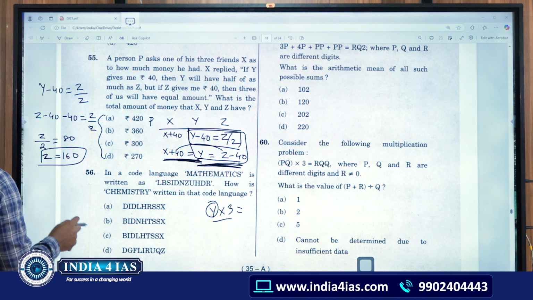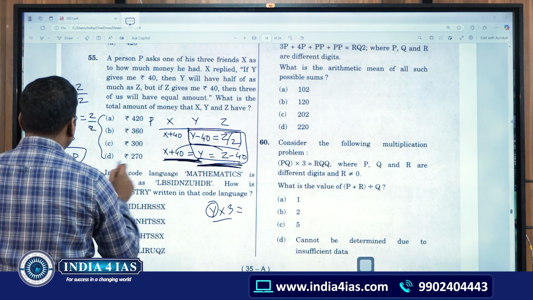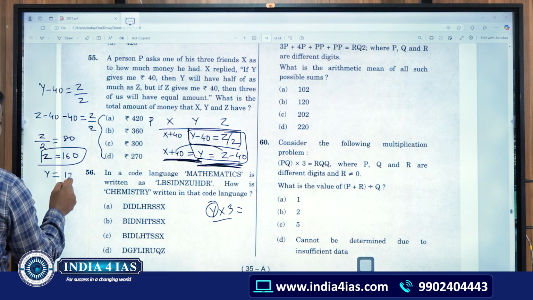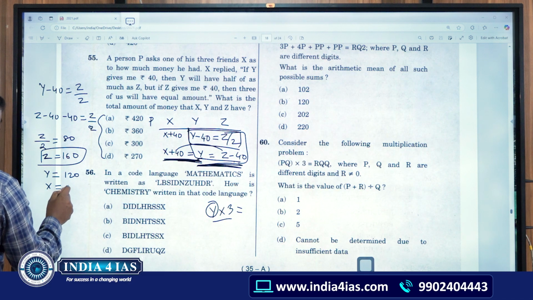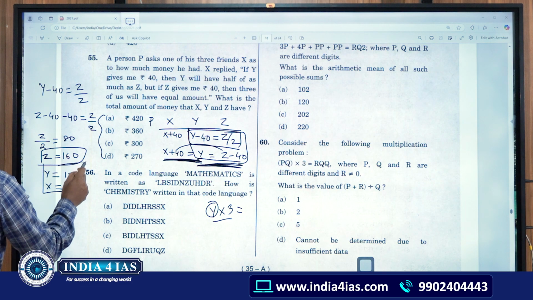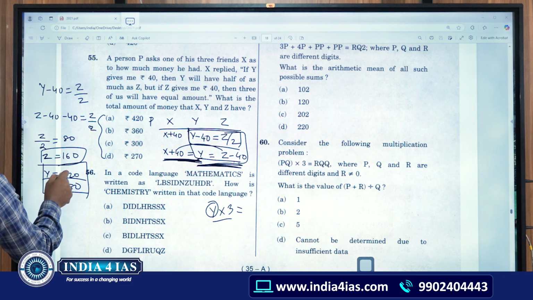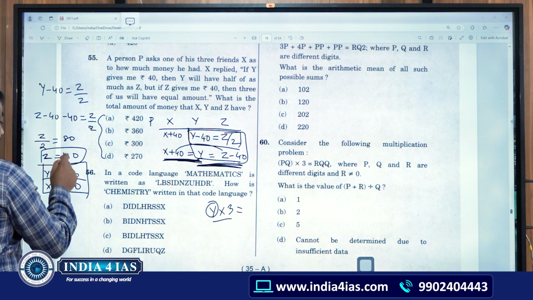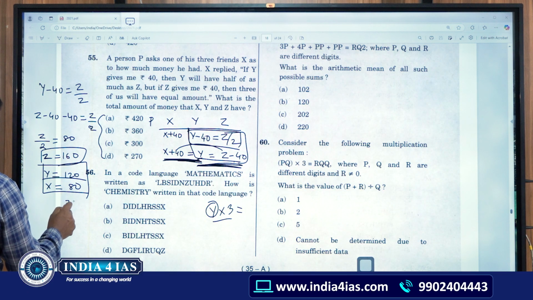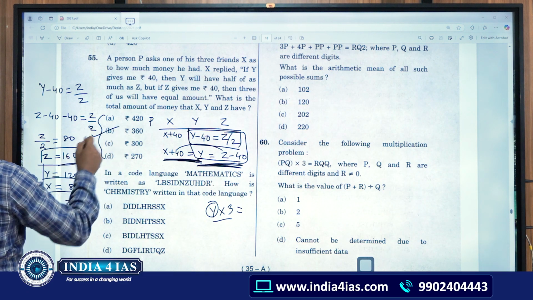If Z is equal to 160, then Y is equal to 120. If Y is equal to 120, X is equal to 80. So this is what is there. 160, 120 and 80, or 80, 120, 160. So total, if you do, this will be equal to 360. So that is the right answer.